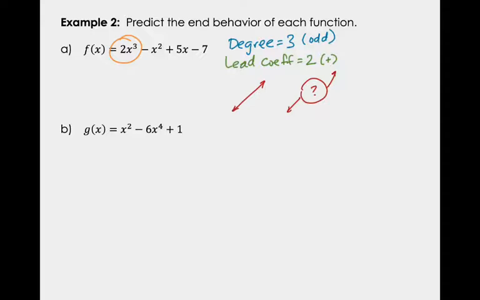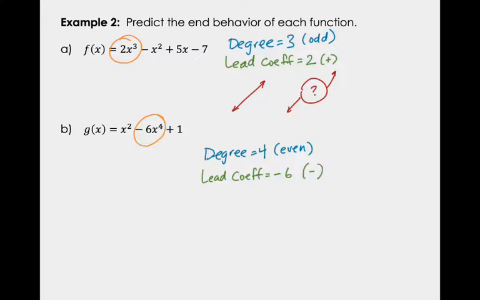All right, so then this polynomial, we decided that its degree was 4. And again, I really only care for end behavior that that's even, and that its lead coefficient was -6. I care that that's negative.